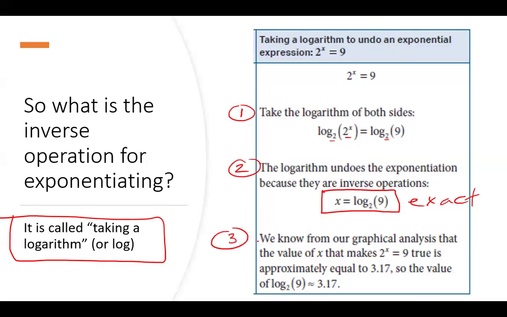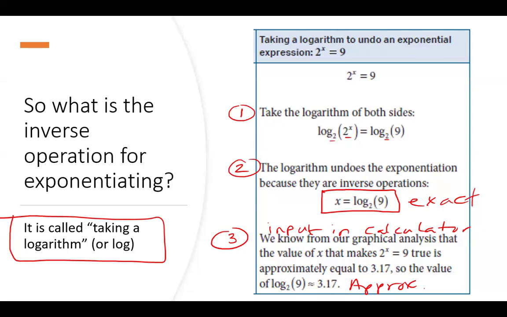And then the third step is to find the approximate answer. To find the approximate answer, you type it in the calculator. Input into calculator. And then we get our approximate answer. Ta-da! Notice that it's an approximation, so it doesn't have the equal sign.